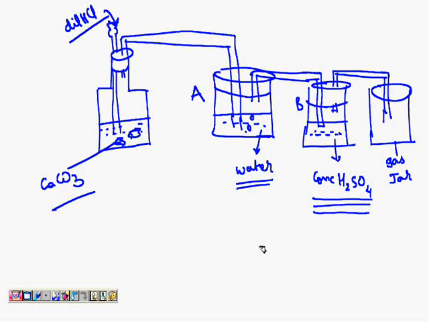Carbon dioxide is approximately 1.5 times heavier than air, so as carbon dioxide comes down, the air in the gas jar is pushed upwards. Always remember, whenever a gas is heavier than air, the method of collection is upward displacement of air. Air will be pushed up and the gas will come down because it is heavier than air. This method of collection is known as upward displacement of air.